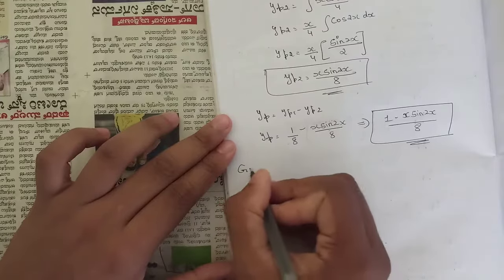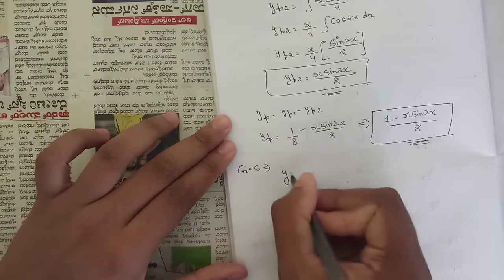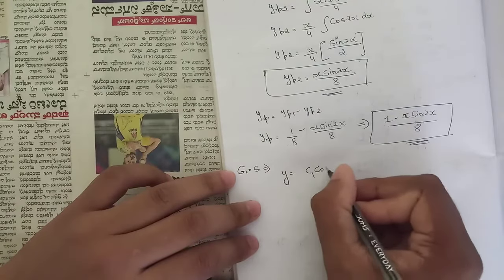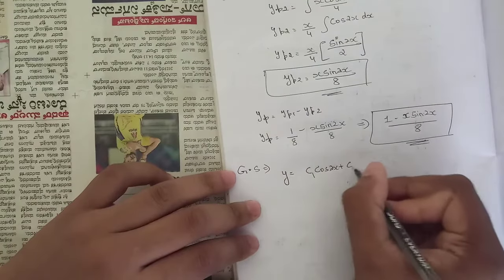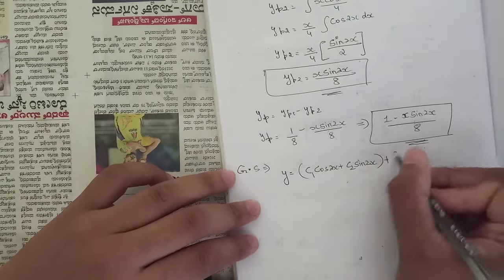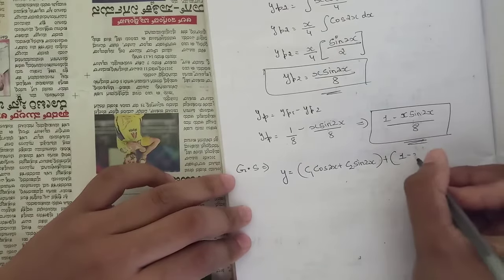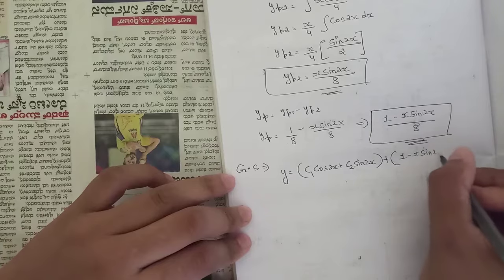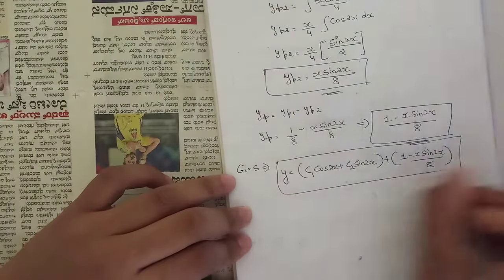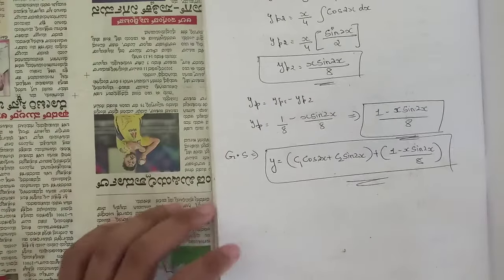Now we can write the general solution as y is equal to yc plus yp, where yc we got as c1 cos 2x plus c2 sin 2x, plus yp we got as 1 minus x sin 2x by 8. So this is your final general solution.